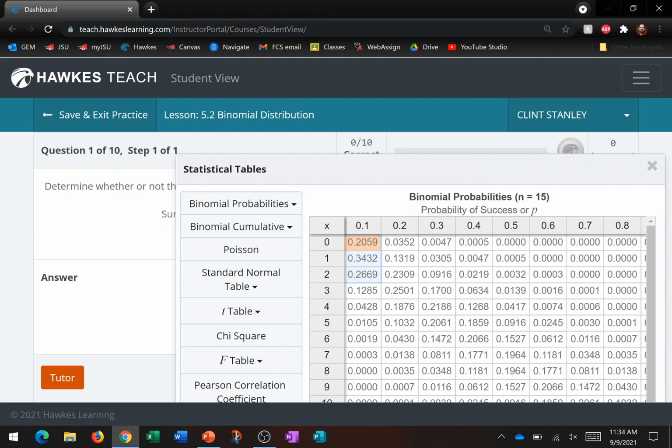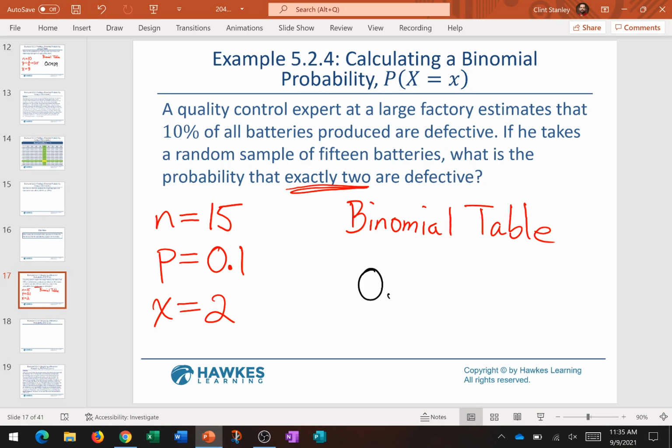And then what do we want? Exactly 2 batteries being defective, so that's X of 2. Here our probability is 0.2669. So 0.266.